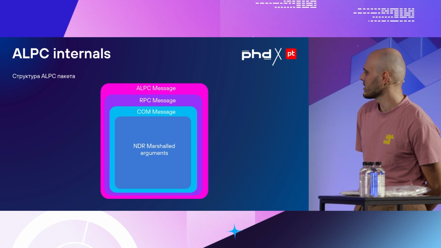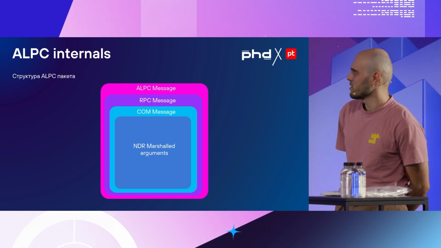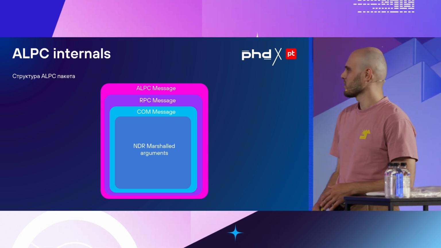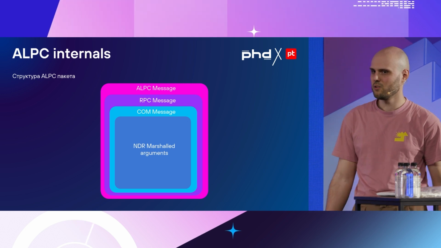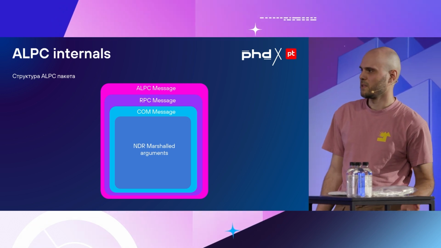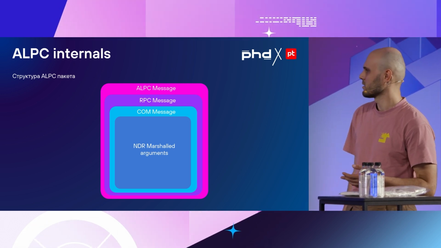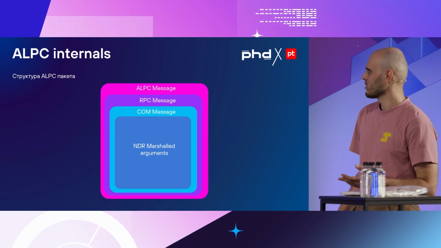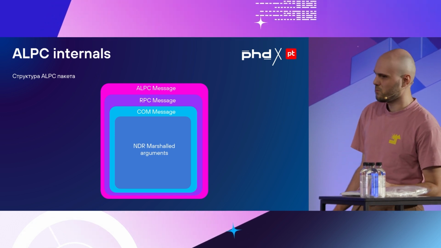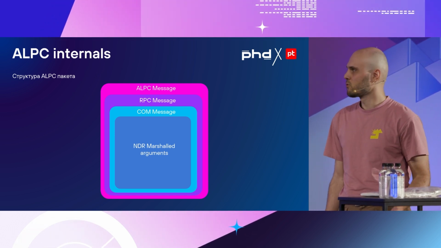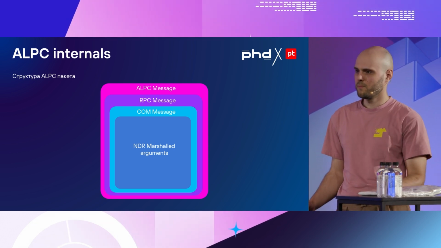If we look at how ALPC packages look, then we'll have this structure. First, you have ALPC message, then you have RPC message, inside of which, in case it's a COM request, then it's COM message, COM headline, and then arguments.